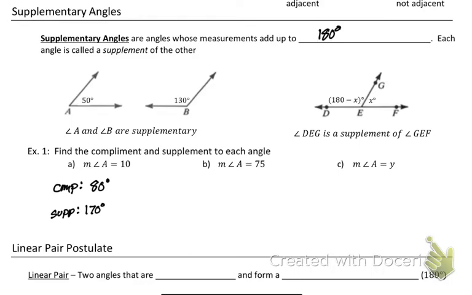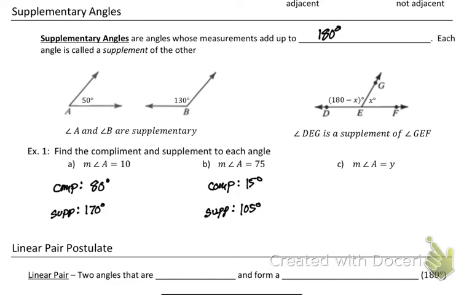So we have 170 degrees there. Mason and Will can answer the next one. What would the complement of the next one be? Griffin? It'd be 15 degrees. So our complement would be 15. What would our supplement be? Patrick? 105 degrees.